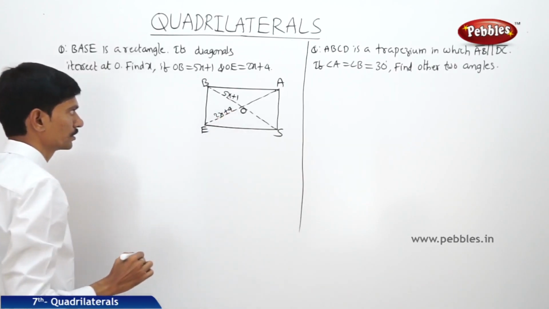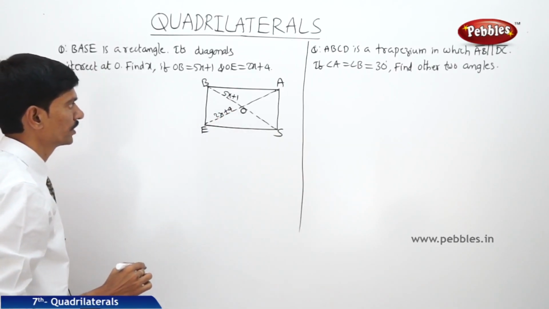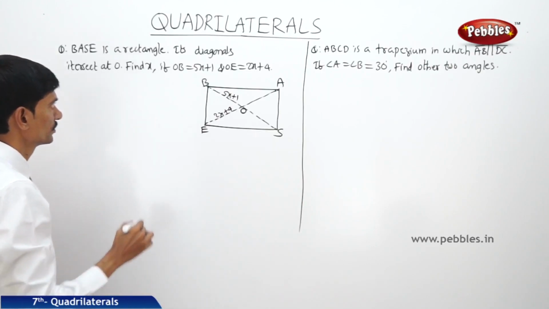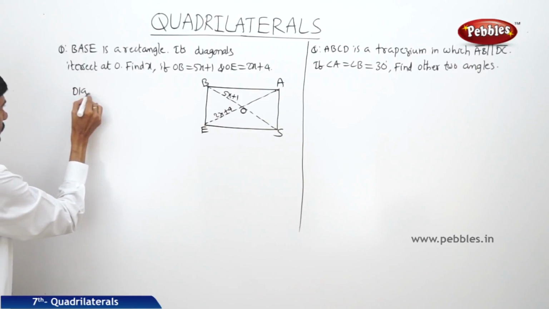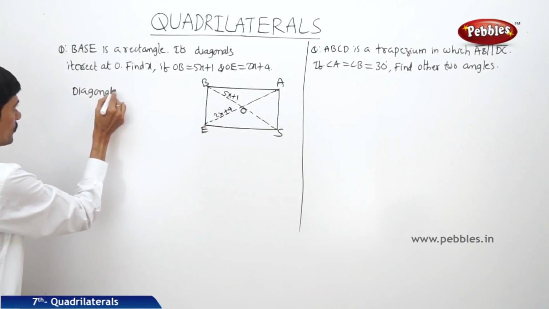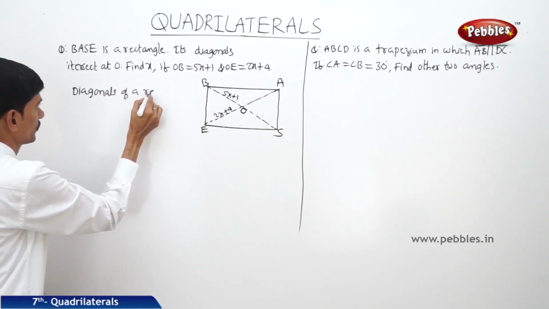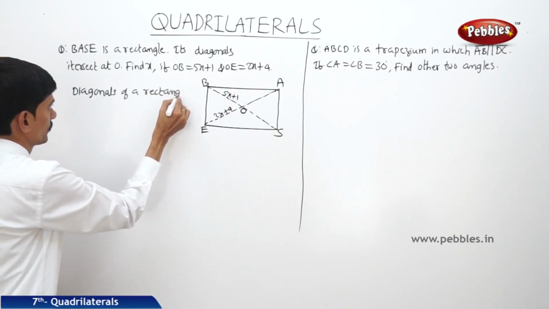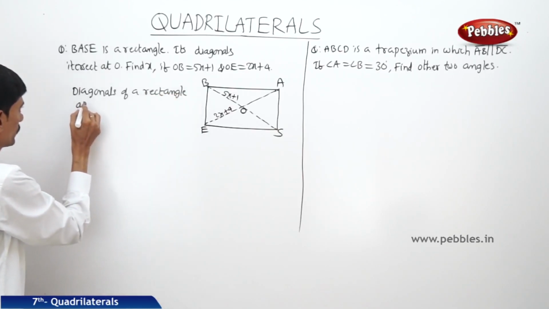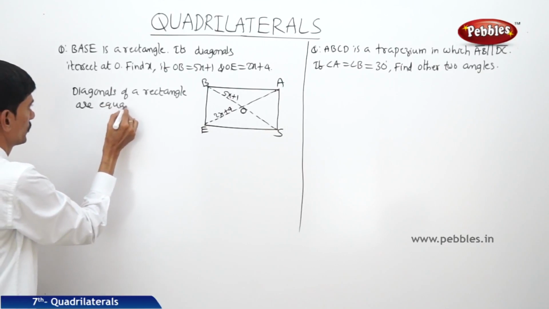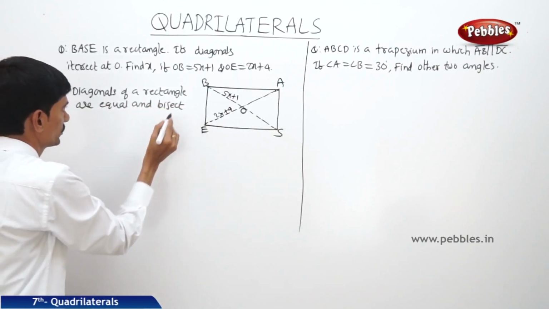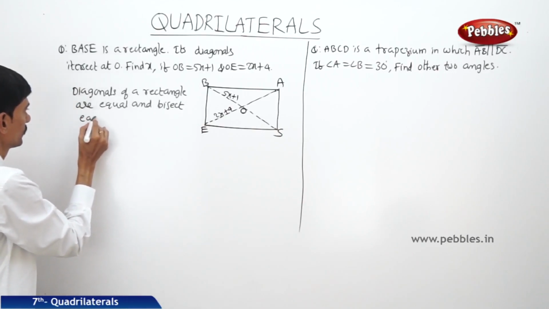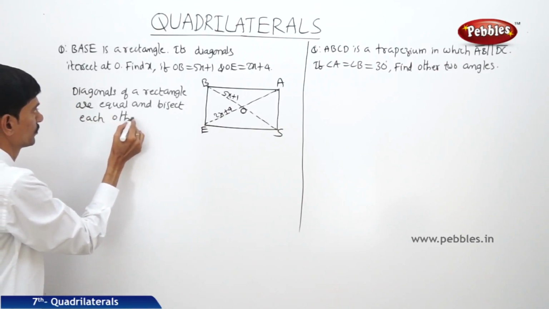So as we know, the diagonals of a rectangle are equal and bisect each other.